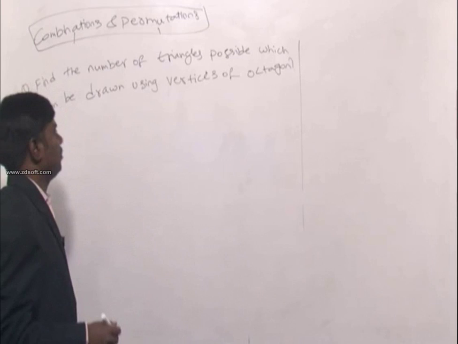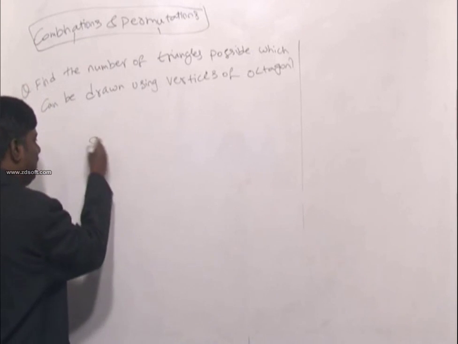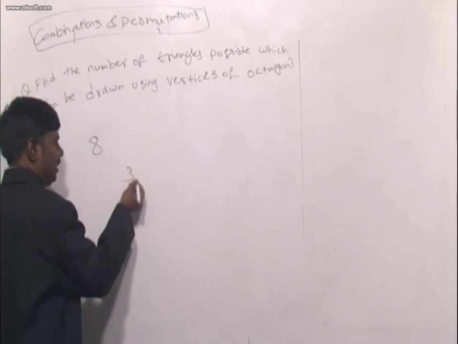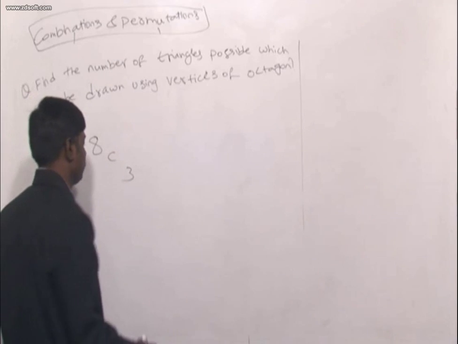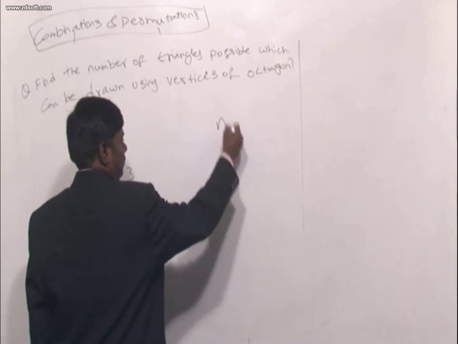Find the number of triangles possible which can be drawn using vertices of octagon. Octagon has 8 vertices. To draw a triangle you need 3 vertices. So if you can select any 3 out of 8, you can draw a triangle. Right? So you can generalize nC3.